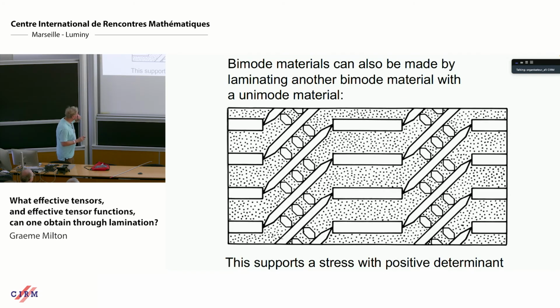But all of these extremal materials that I've discussed can actually be replaced by laminate materials. This is one of the bimode materials that can be obtained by laminating another bimode material with a unimode material. So you get this complicated laminate structure, and then you laminate all this together, so you can actually prove that you get the entire range of elasticity tensors, which is interesting.